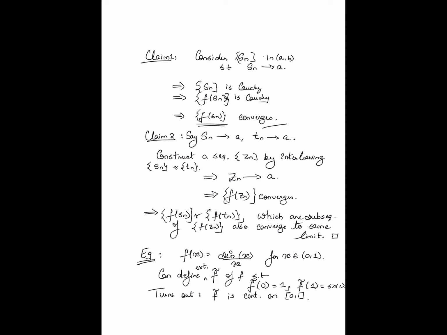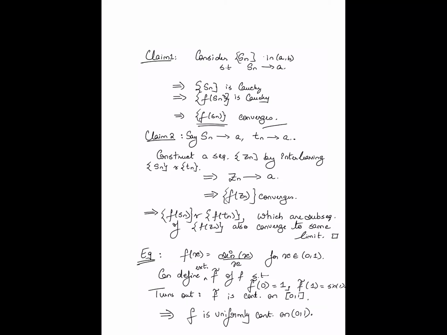Now this, from the previous theorem that we just proved, implies that this function sine x by x is uniformly continuous on its domain. So this was an example of a function which was continuous on the open interval (0, 1), but we were able to define an extension at either endpoint, because the function actually did have a limit as you approached either endpoint.